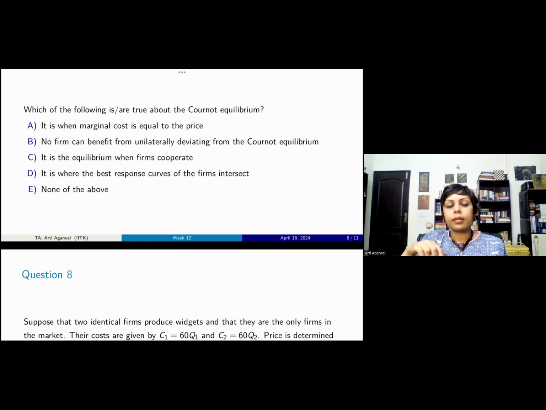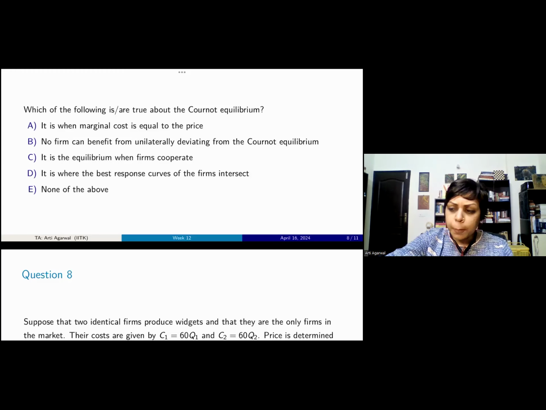So in this case, marginal cost is not necessarily equal to the price. It may be, it may not be, because the level of production is decided based on the entire best response, not based on the simple competition case or monopolistic case.